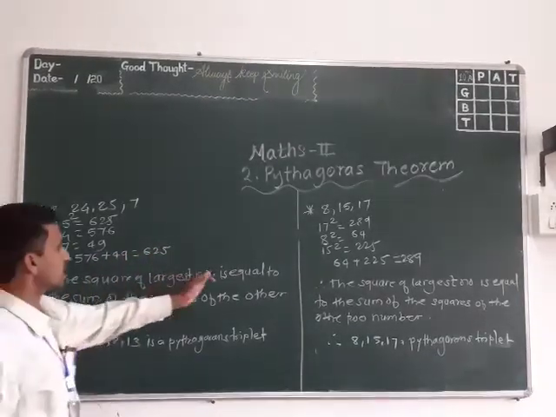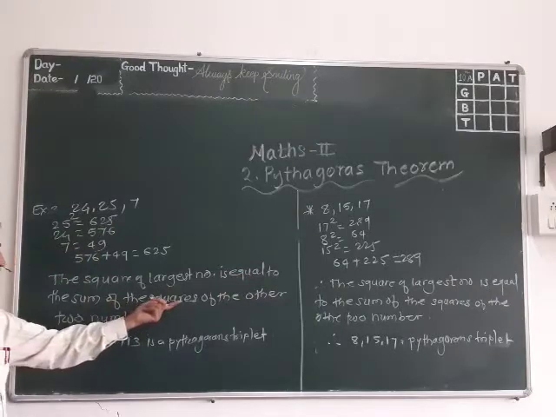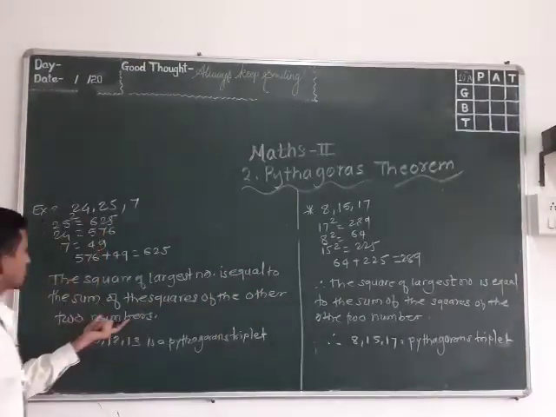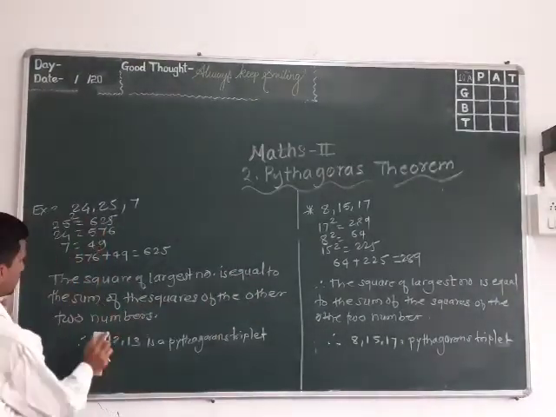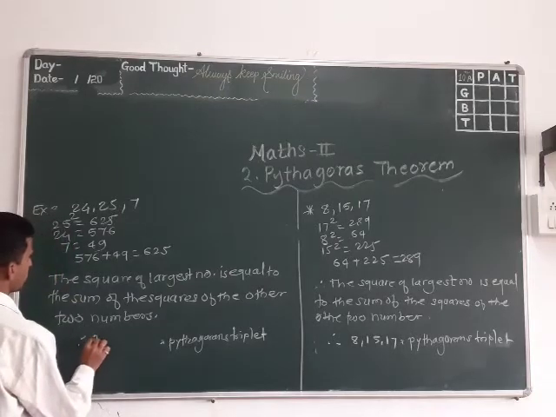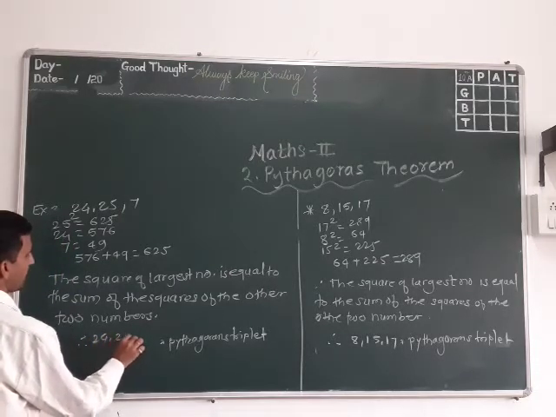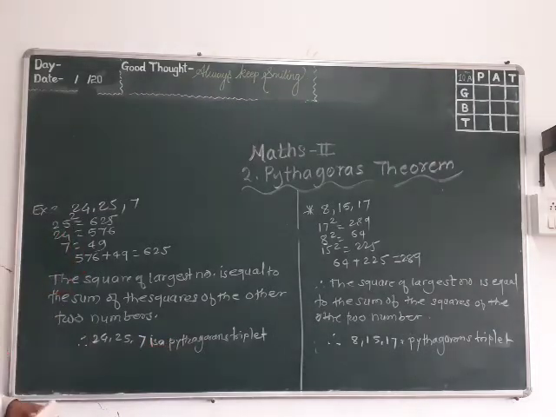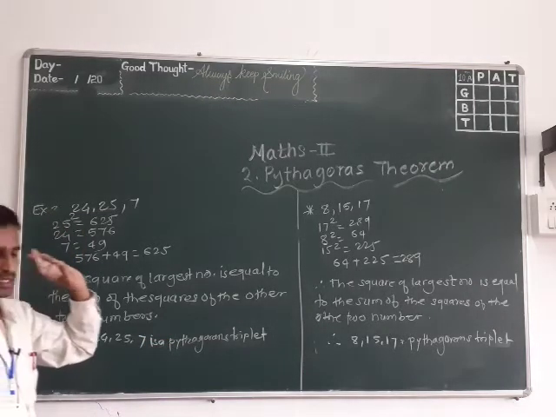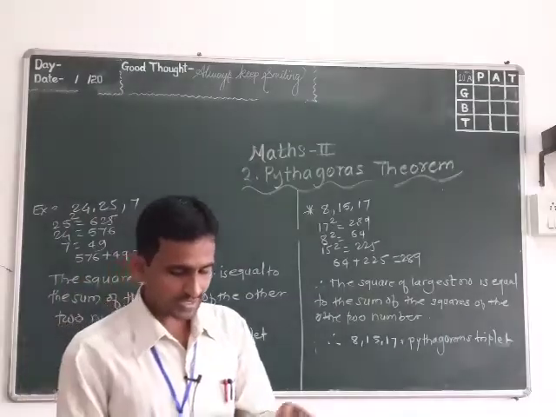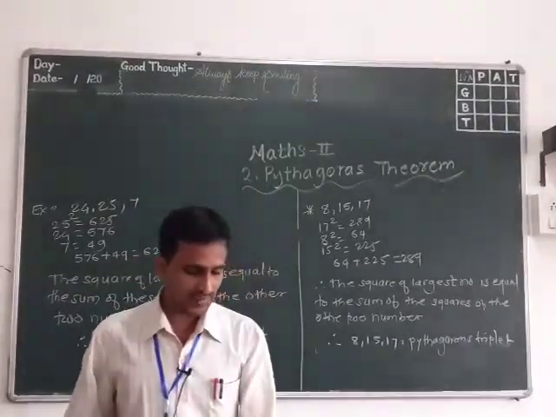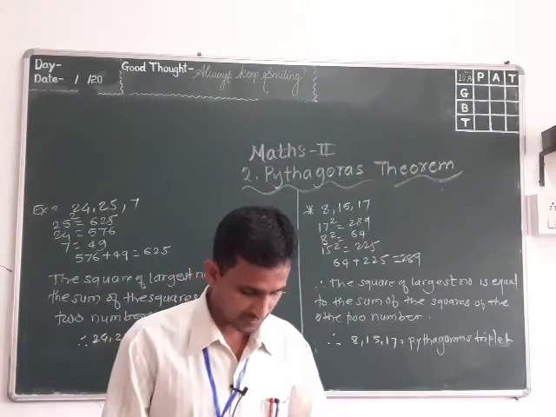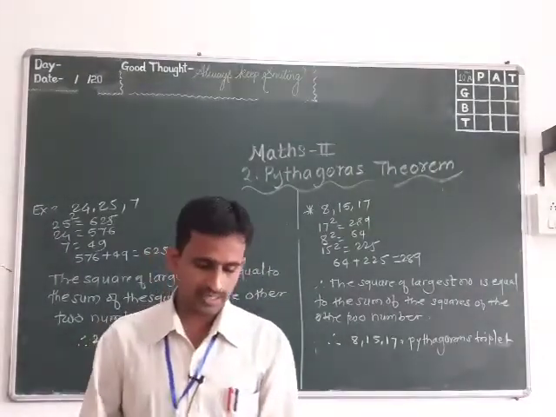The square of the largest number is equal to the sum of the squares of the other two numbers. 24, 25 and 7 is a Pythagorean triplet. On page number 30, verify the numbers in a Pythagorean triplet. The numbers of a Pythagoras triplet can be written in any order.